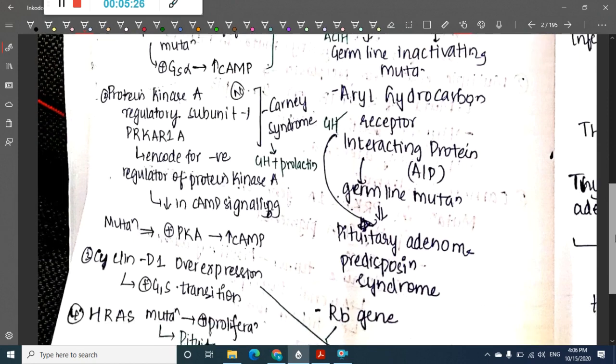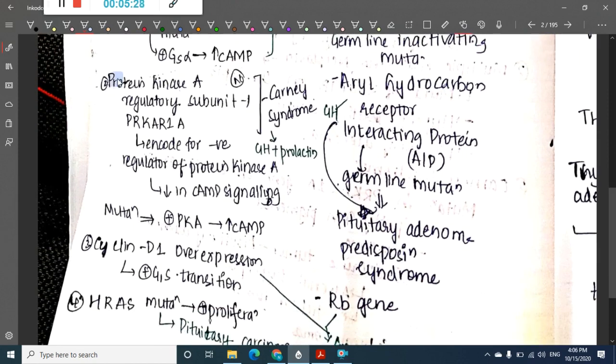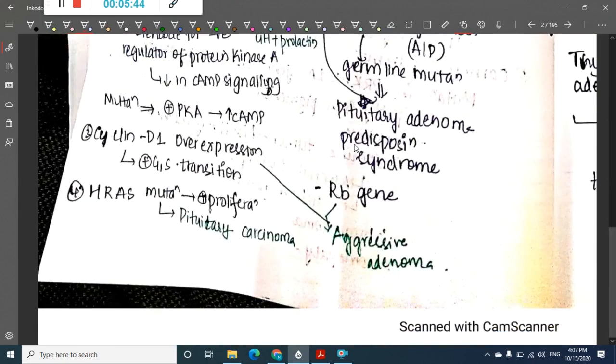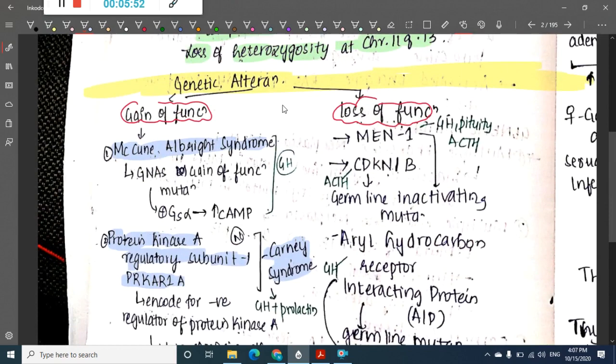Then protein kinase A regulatory subunit 1, that is PRKAR1, Carney syndrome, is also associated with gain of function mutation. Cyclin D1 overexpression and HRAS mutation are also associated with gain of function mutation.